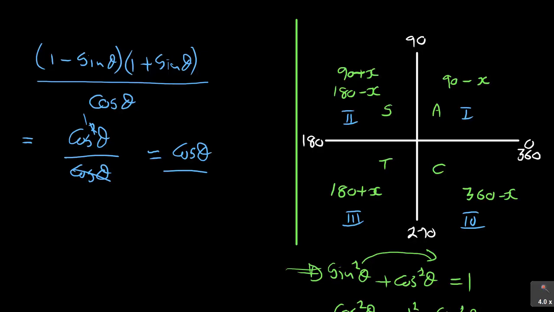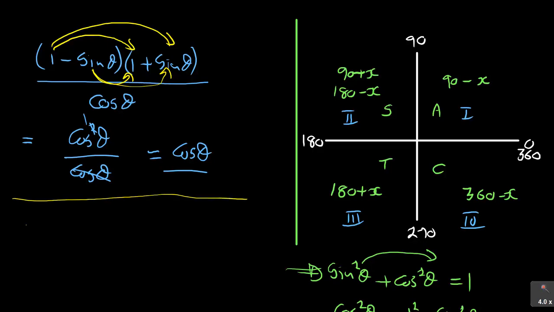But someone will say, what if I chose to open this bracket? For example, what if I chose to multiply like that? Still the same thing. Let's do that. It would have been 1 times 1 is 1, 1 times sine theta is sine theta, minus sine theta times 1 is minus sine theta, and then minus sine theta times sine theta is negative sine squared theta.